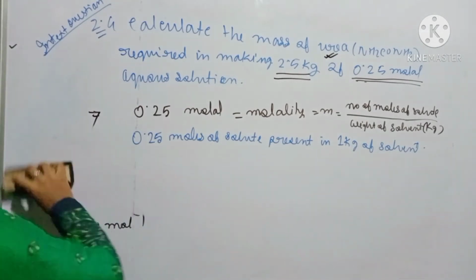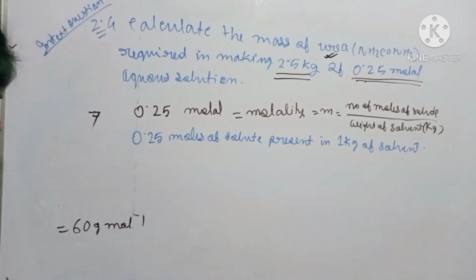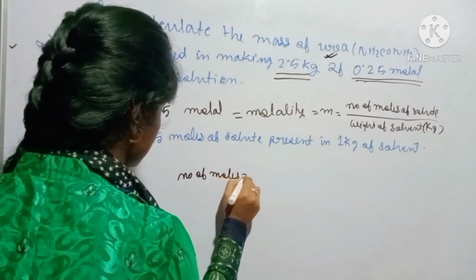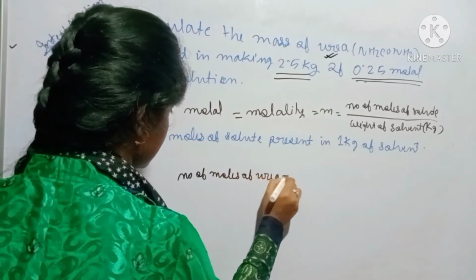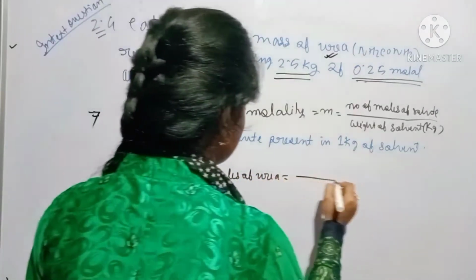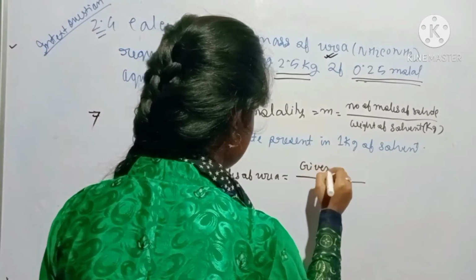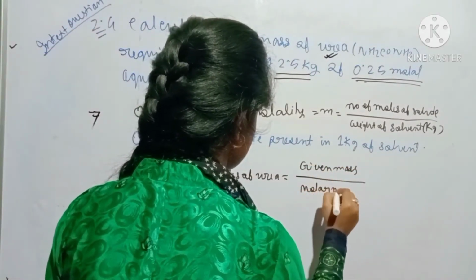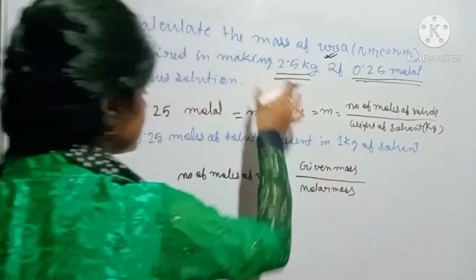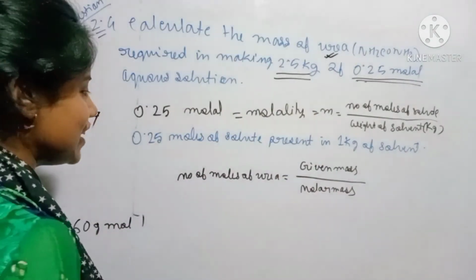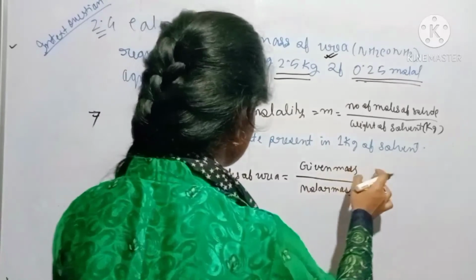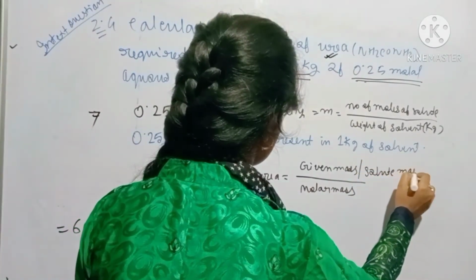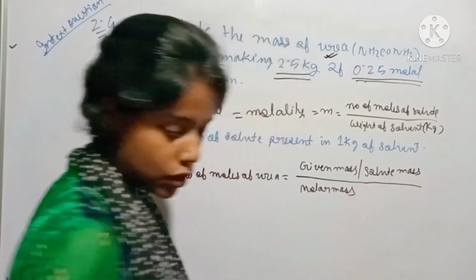From this we can calculate that the number of moles of urea, that means solute, equals given mass divided by molar mass. Here in this question the given mass is not given, so you should take it as the solute mass.